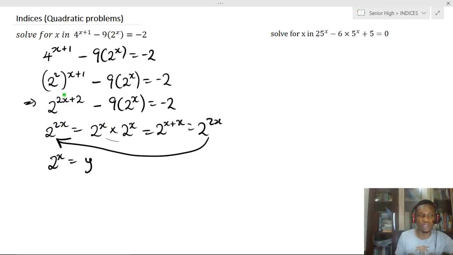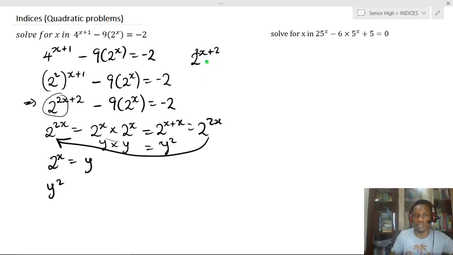Therefore, for this particular case where we have 2 raised to the power of 2x, remember I told you that it is like saying 2 raised to the power x times 2 raised to the power x, like saying y times y, and that will give us y squared, right? So here is y squared. But remember this has a plus 2. What do we do with this plus 2 now? Let's go back to this scenario where I showed you 2 raised to the power of 2x plus 2.